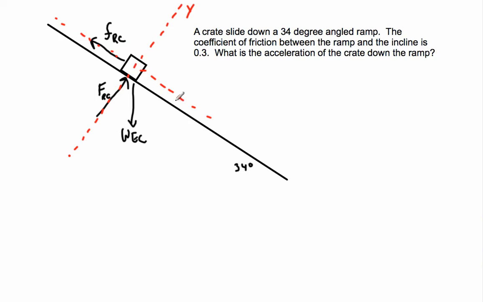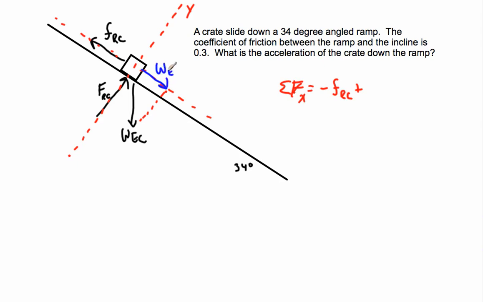All right. Well, if we're going to set up some net force equations, forces along the x and y axis, we can go ahead and do that. So let's do the x-axis here. Force along the x-axis equals. So what is along the x-axis? Well, in the negative direction, we've got friction, ramp on crate. And in the positive direction, we have the weight, but not all of the weight. We just have a portion of the weight which is directed like that.